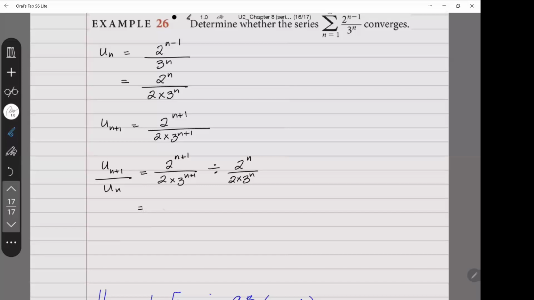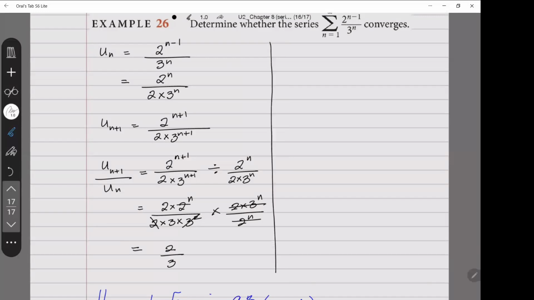This would be equal to 2 times 2 to the n over 2 times 3 times 3 to the n, multiplied by 2 times 3 to the n over 2 to the n. Well, this cancels that. This cancels that. So what I'm left with is 2 over 3. So the ratio is 2 over 3.